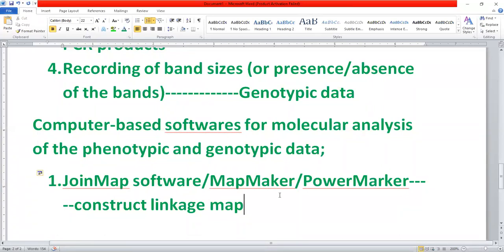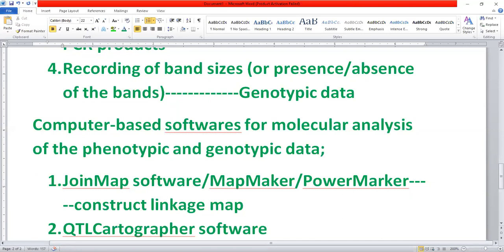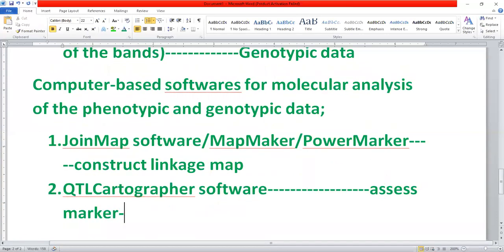Then after the construction of the linkage map, the QTL Cartographer software is used to assess marker trait associations.